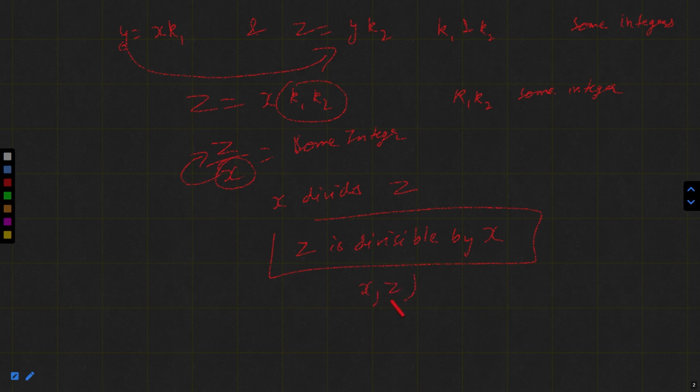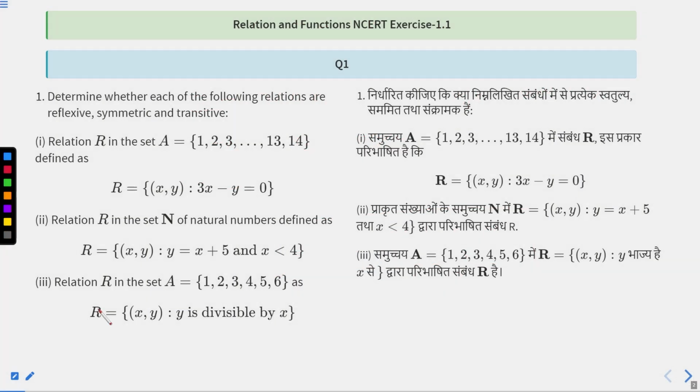This means (x, z) belongs to R. So from this I can say that it is transitive. I hope that it is clear to you.